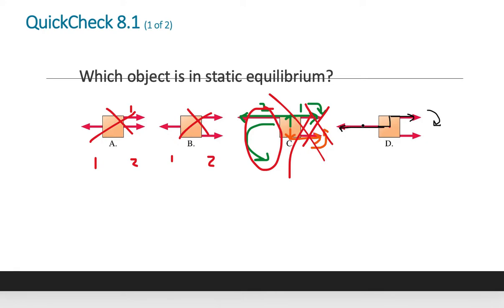There is no R and F perpendicular, so we don't have to worry about it. Let's look at this one down here. You've got R and you've got F. You got a small r down and your F to the right that's going to cause a small torque to the left. These two balance each other out so that there's no net torque. Therefore, D is our correct answer.